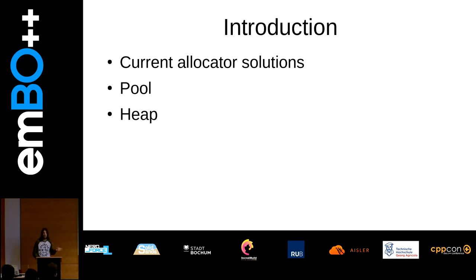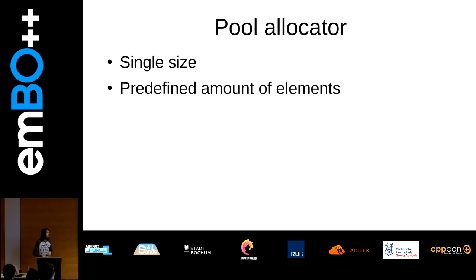I will go into those in a moment. First of all, let's take a look at the pool. As I said, it's only a single size, and it's pretty much always a fixed number of elements. There are some pools which can vary in size, but those are pretty rare to see.